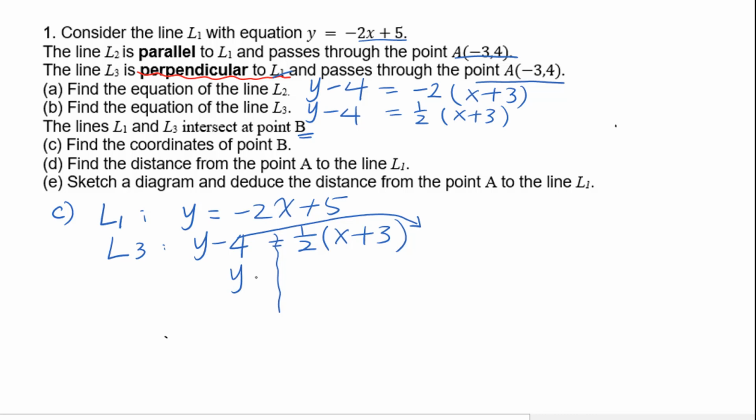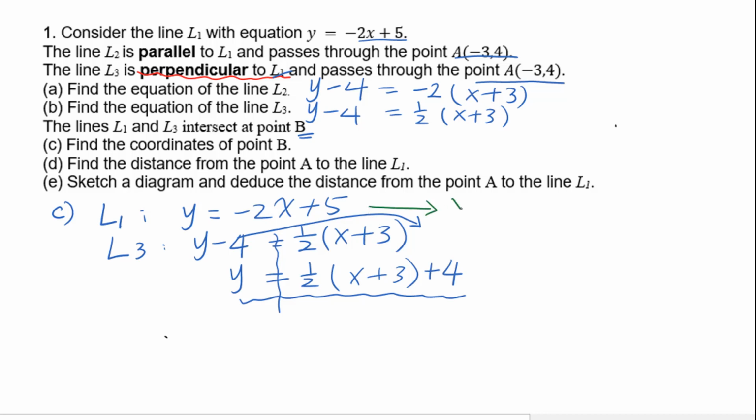You will get y equals 1 over 2, x plus 3, plus 4. Don't forget to change the sign. We will put this into the calculator. You don't have to change this into y equals mx plus b form because they didn't ask you to. So just leave it as it is.